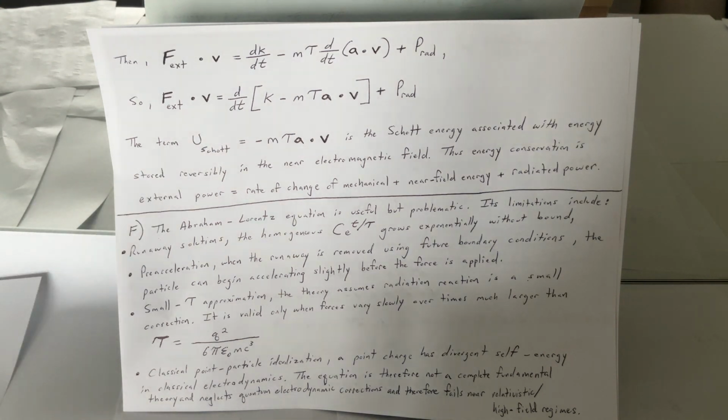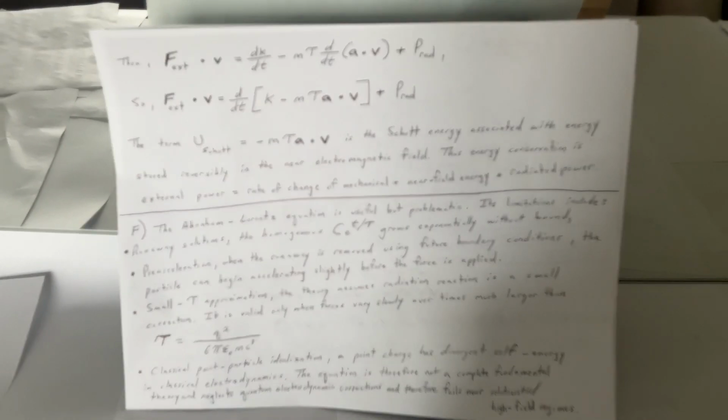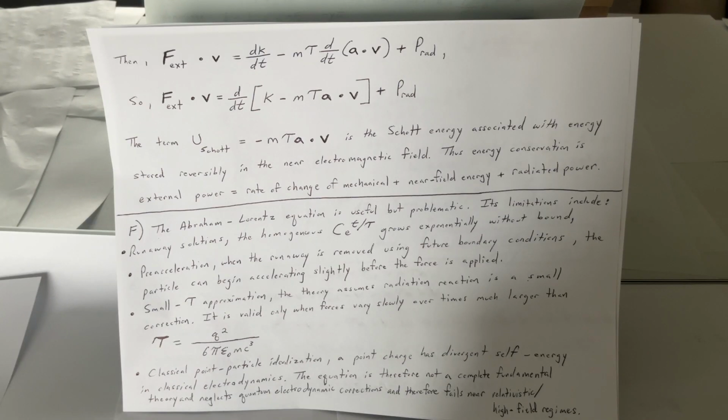And the term U_shot equals negative m tau a dot v. That's the shot energy associated with energy stored reversibly in the near electromagnetic field. Thus, energy conservation is: external power equals the rate of change of mechanical plus near-field energy plus radiated power. Okay, so that's letter E.